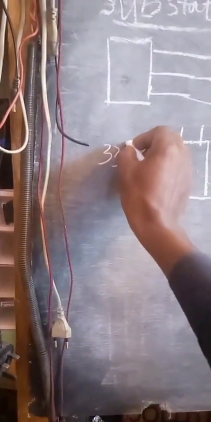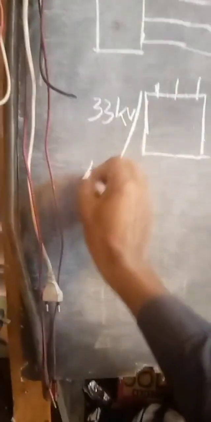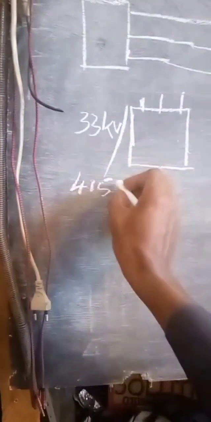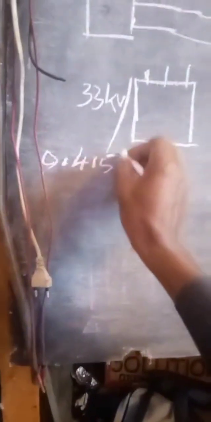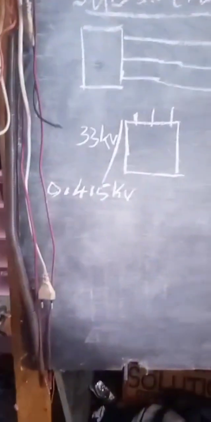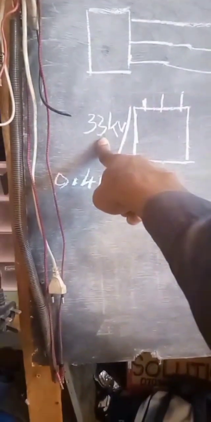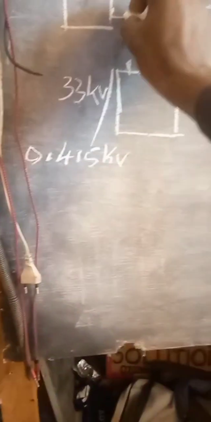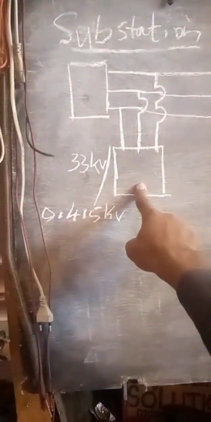this should rate something like 33 kV/415 V or 0.415 kV. This is the primary voltage or the input here that we now tap from our distribution line like this, and now we feed it to our distribution transformer.